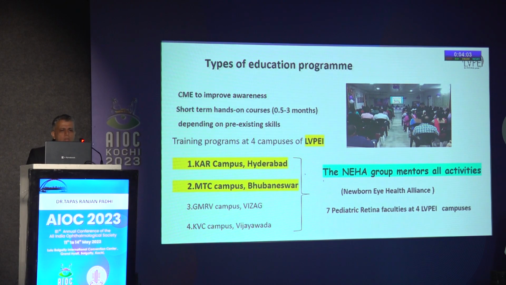Usually what we have observed is that retina specialists who are already doing indirect laser in adults take around 2 to 4 weeks to master laser and intravitreal injections in babies, in addition to screening and other care for retinopathy of prematurity.